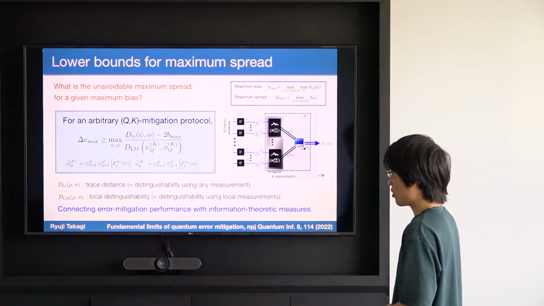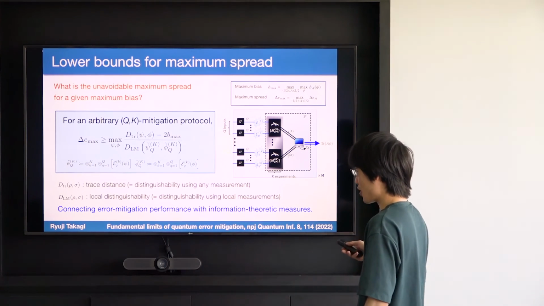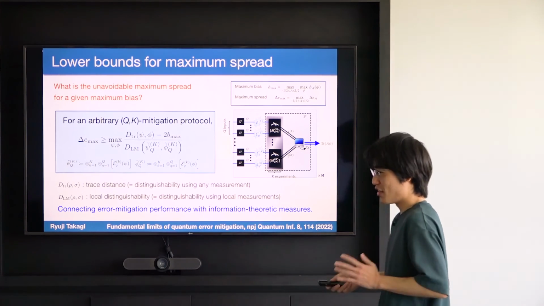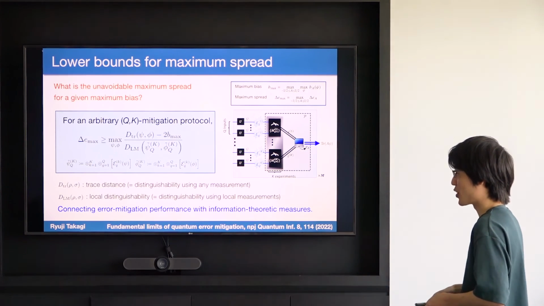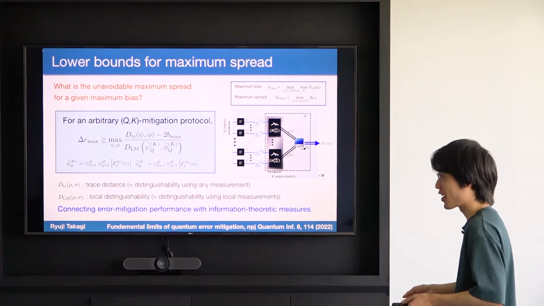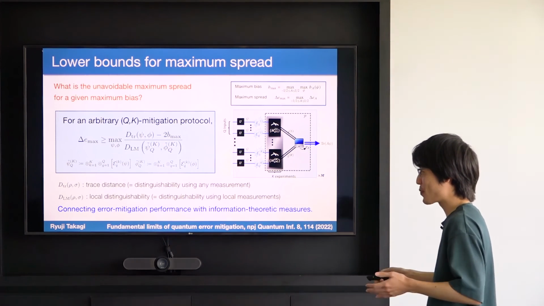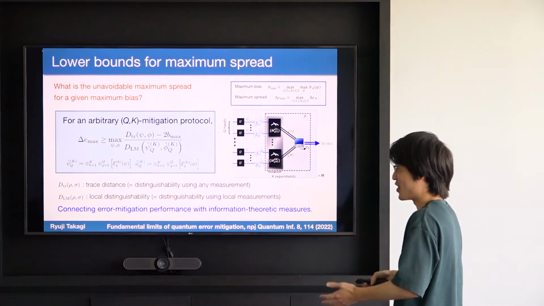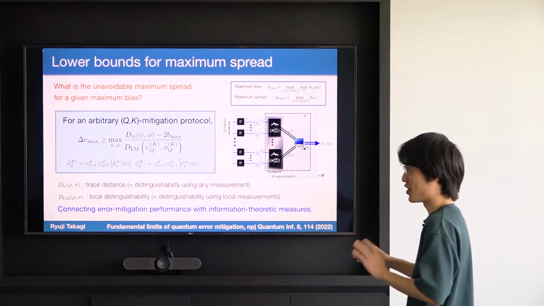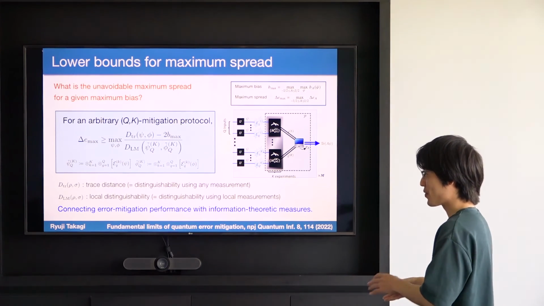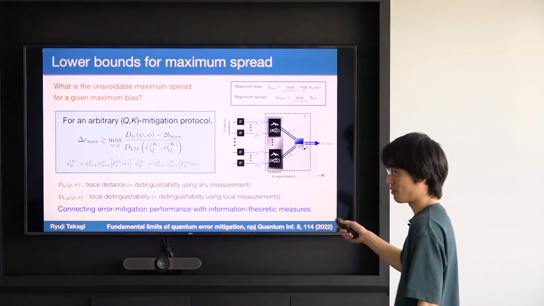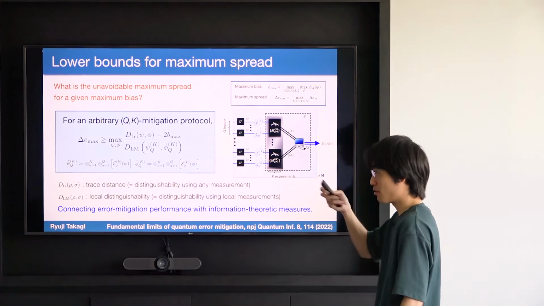Yes, yes. So actually, this question started from a very naive question: quantum error mitigation mitigates error effects, so does that actually help us to distinguish two states, because the error is mitigated? Can we actually distinguish these states better? I mean, no, right? Because all we do is physical operations.